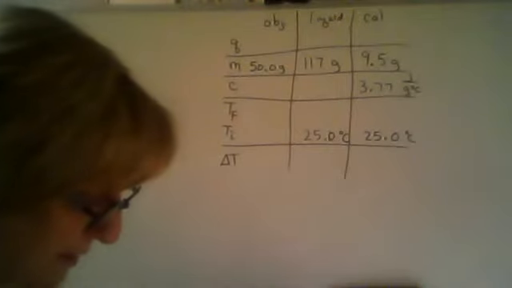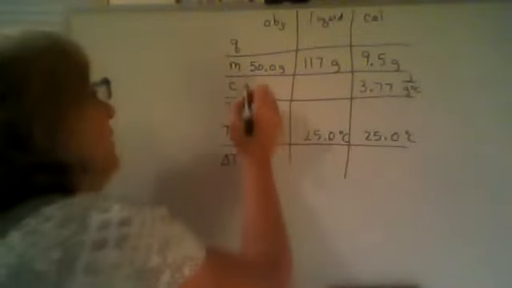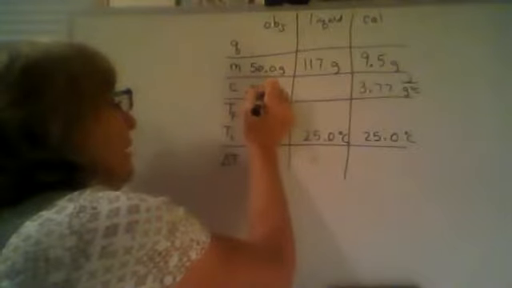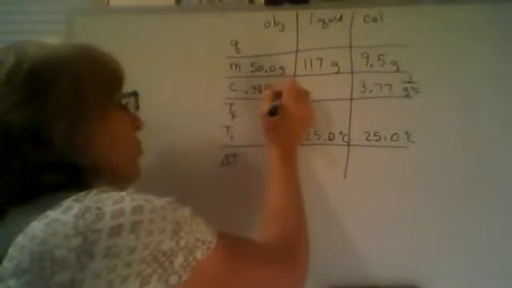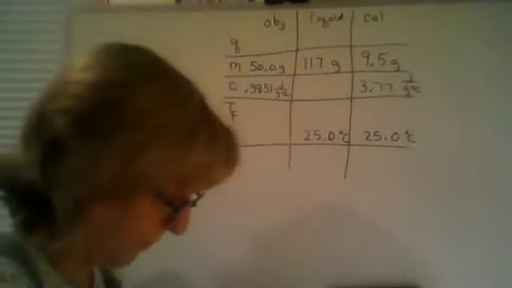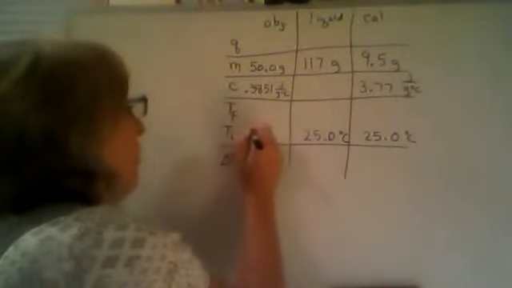Let's look back, see if we can get that. Copper, 0.3851 joules per gram Celsius. Okay, and it starts at 112.